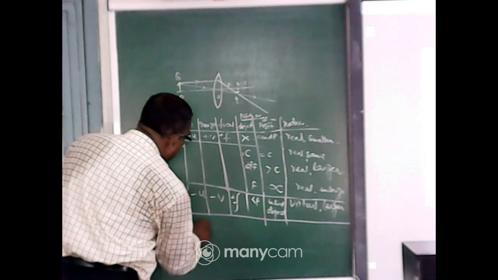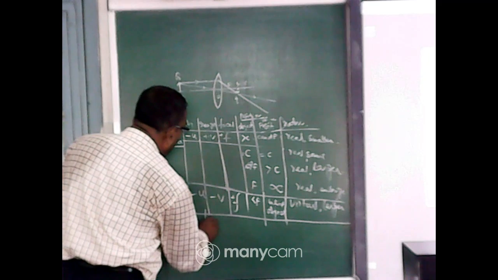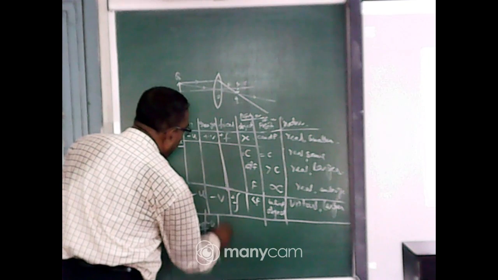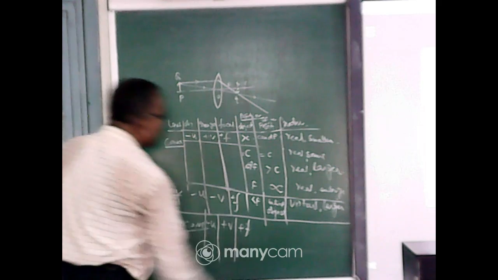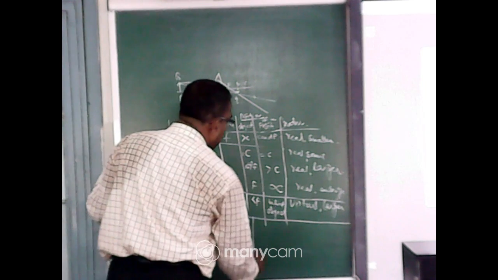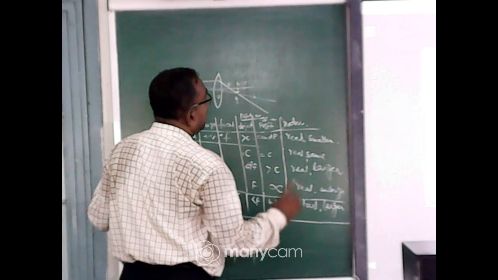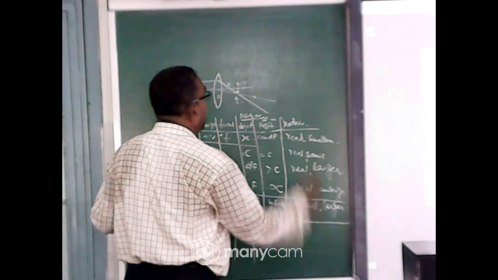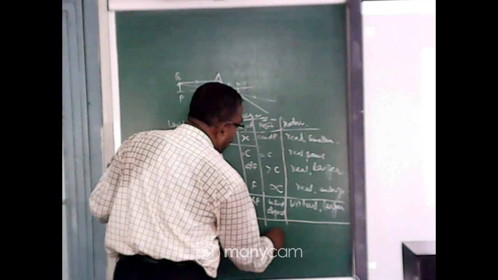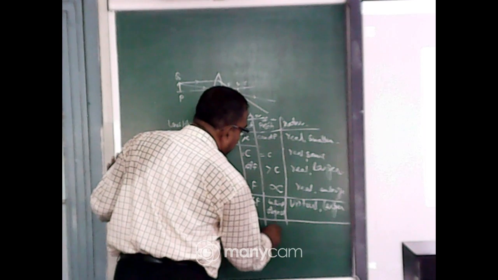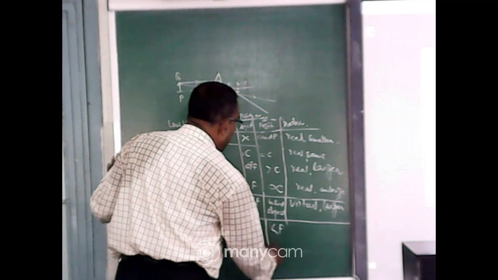Okay, next, the concave lens. You know it, always negative, always positive, always positive. Anywhere you put the object, the image will form in between lens and focus, less than f.